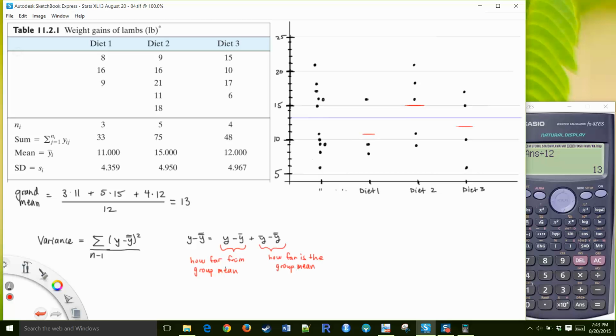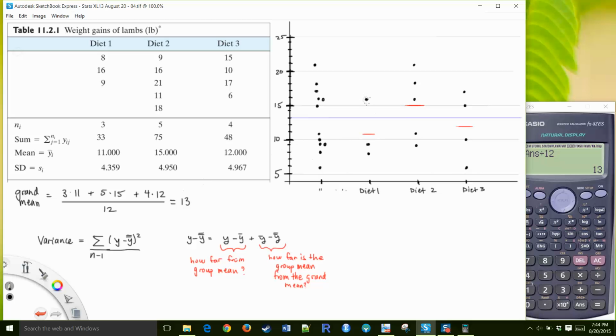In our case, we're going to break it out. This guy is 5 units away from his group mean. He is at 16, and he is 5 units away from his group mean.